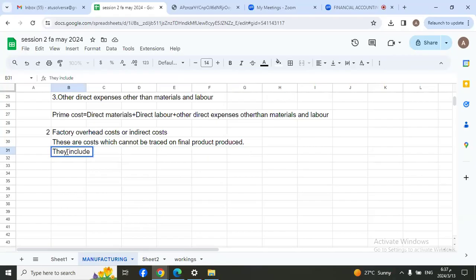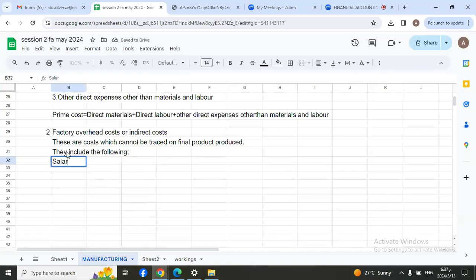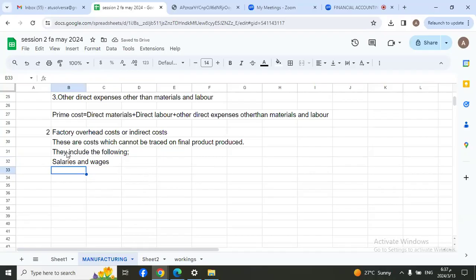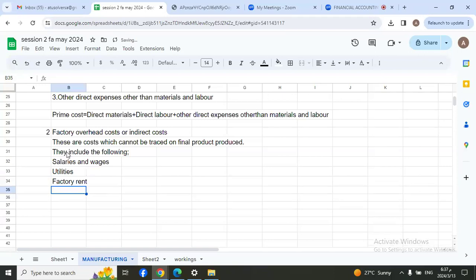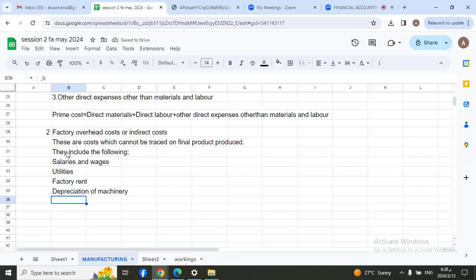They include the following: salaries and wages, utilities, factory rent, and the depreciation of machinery, among others.